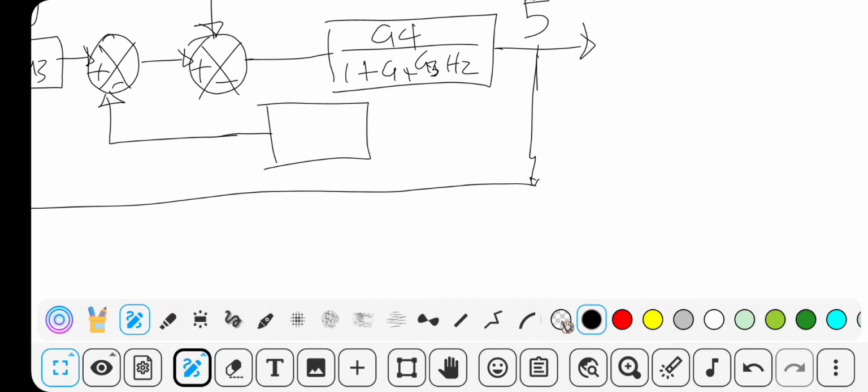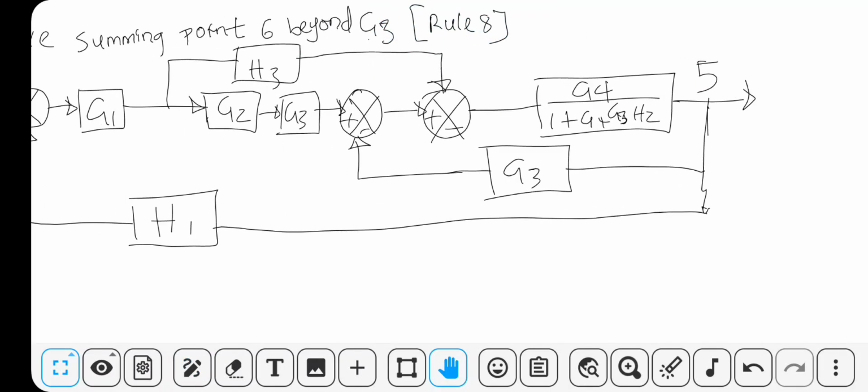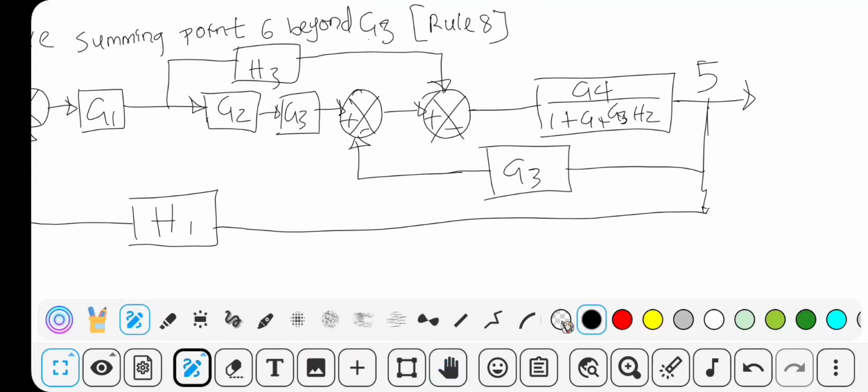This is it. G3. So from here we can see that we have moved summing point 6.